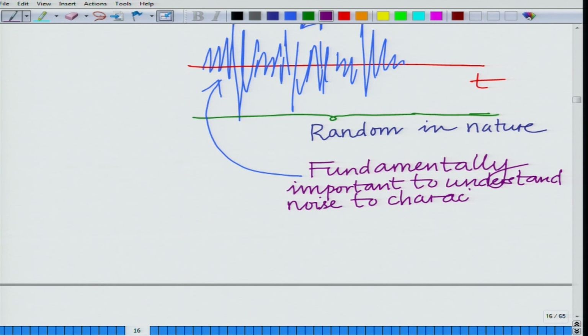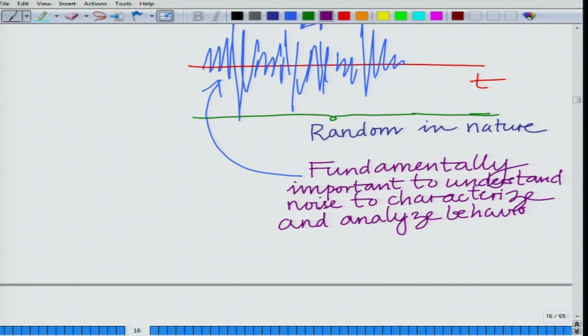It is fundamentally important to understand noise to characterize and analyze the behavior of systems. That is because noise limits the performance of systems, correct.